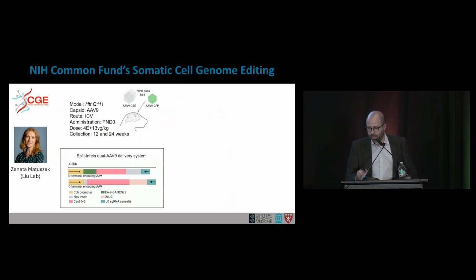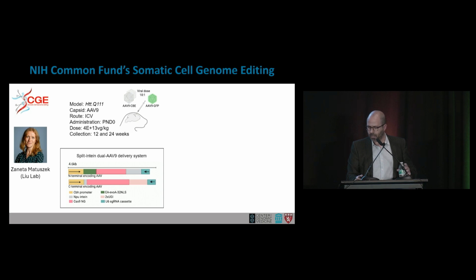And again, going back to the limitations we have with these reagents, they're large. So we're packaging them into 2 AAVs, here using AAV9, and injecting in neonates by ICV. Then we're looking at the degree of interruption and instability at 12 and 24 weeks.